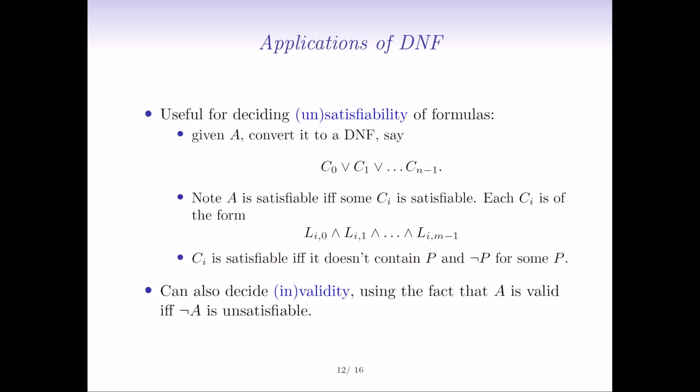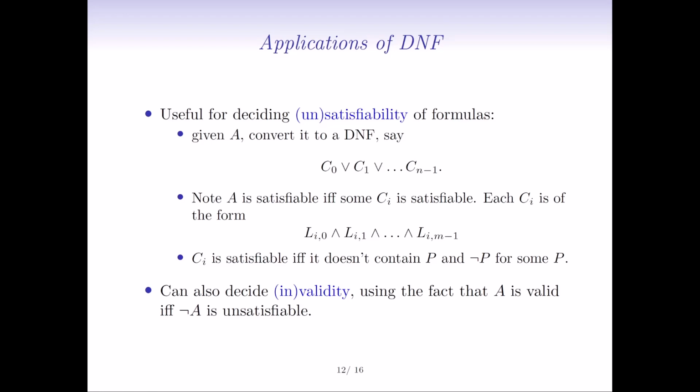By the way, since we can decide satisfiability, and we know that satisfiability and validity are really closely connected, we can also use this method to decide the validity or invalidity of formulas, because A is valid if and only if not A is unsatisfiable.